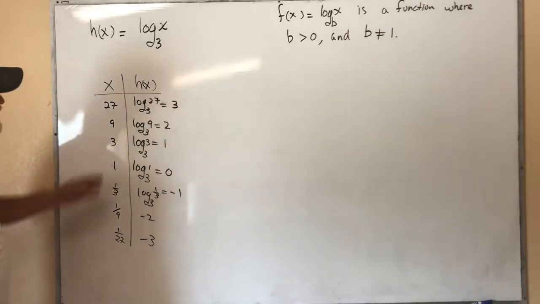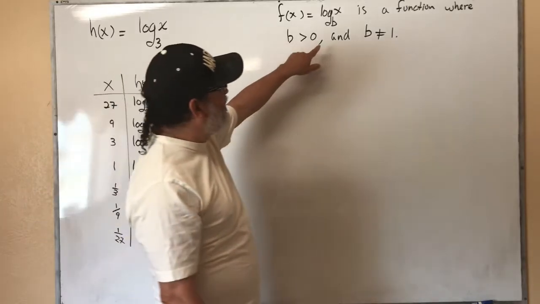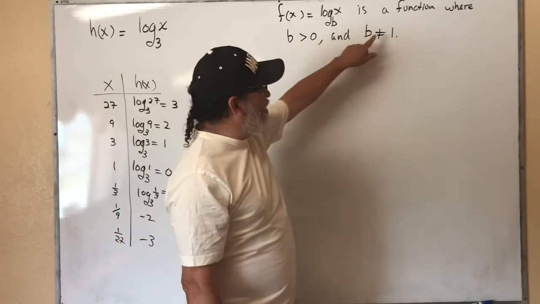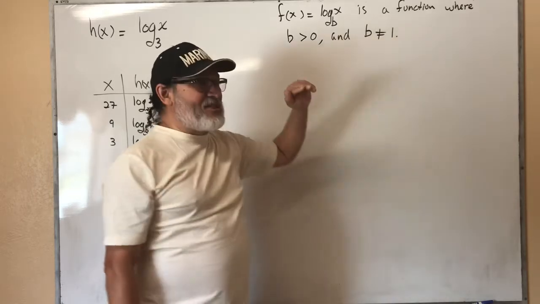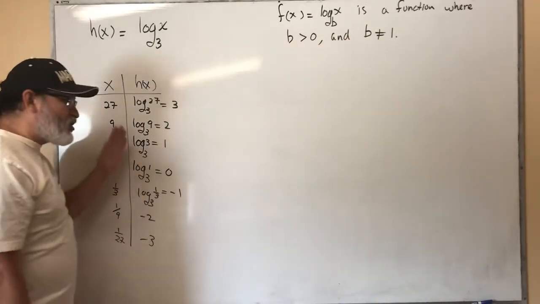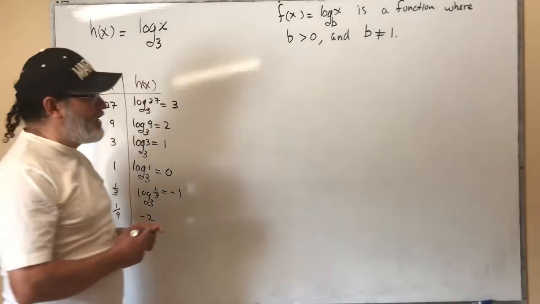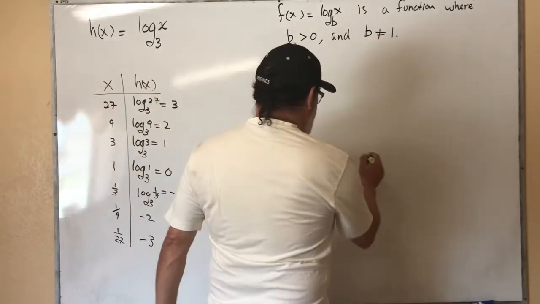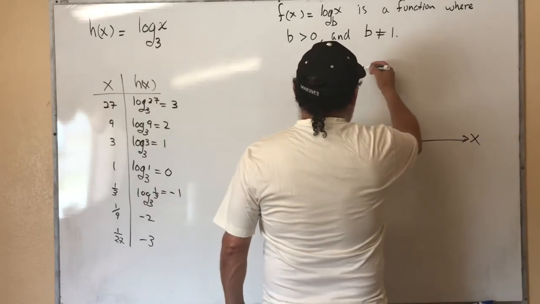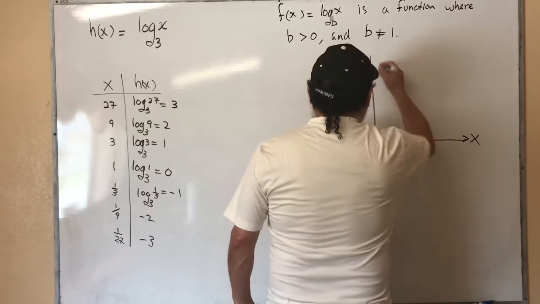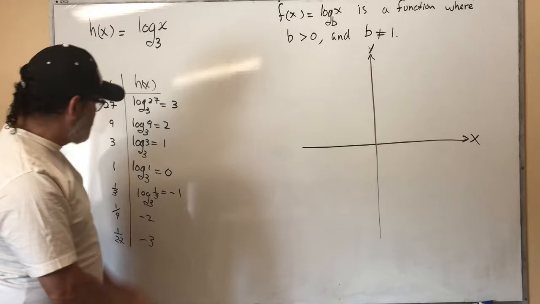Note, when the base is greater than 1, can't be 1, gotta be greater than 0, but if the base is greater than 1, it's gonna be increasing. Look at this, increasing. Let me show you. Watch this.